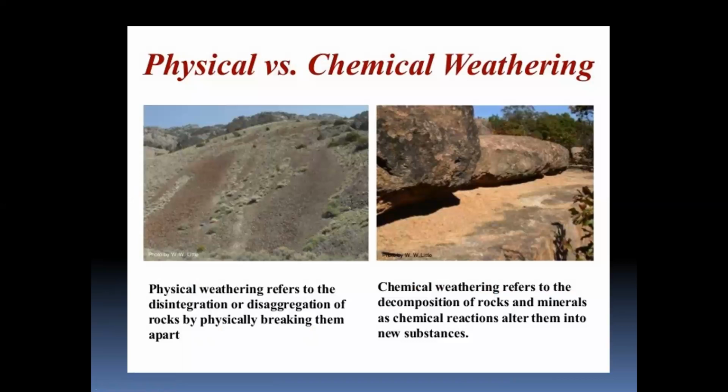So if we put the difference between physical and chemical weathering in a simple way, physical weathering is only the change of size, breaking the rocks apart into smaller pieces without changing their chemical properties, whereas chemical weathering is basically an alteration of the chemical properties of the rocks.